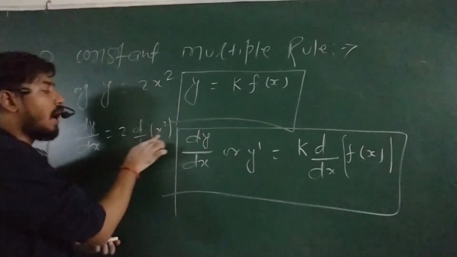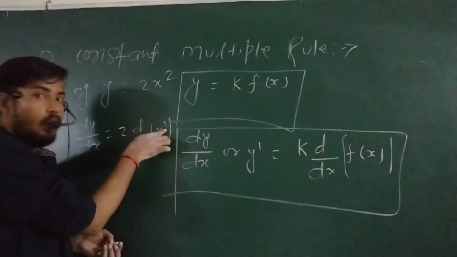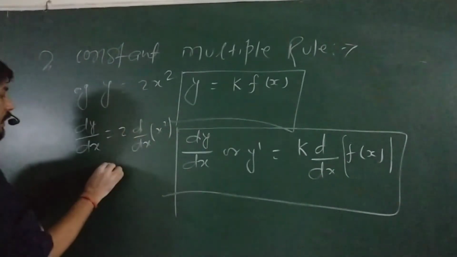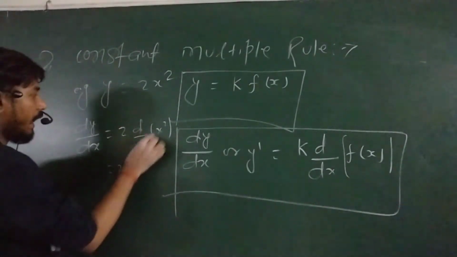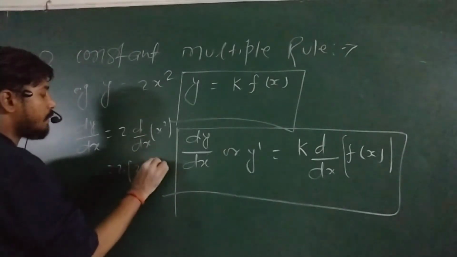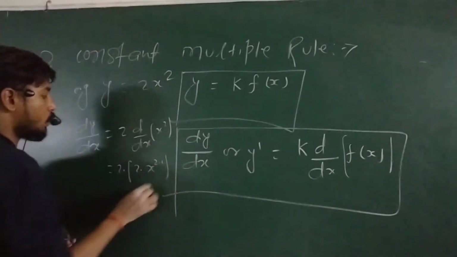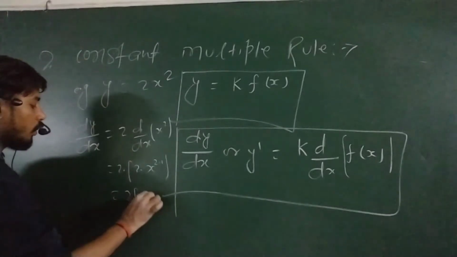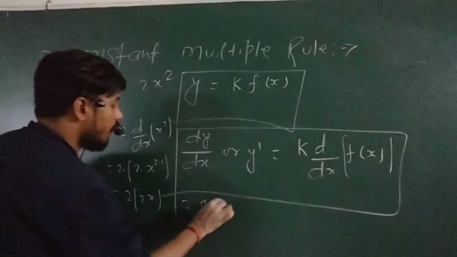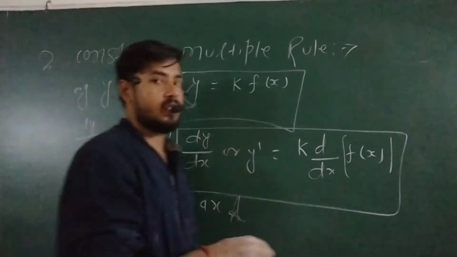Now apply which power rule? What is the power? Power is 2. So this will be 2 into n, n is 2, into x power n minus 1, it means 2 minus 1. So this becomes 2 into 2x, which means this result will be 4x. This is the answer. Done, buddy?